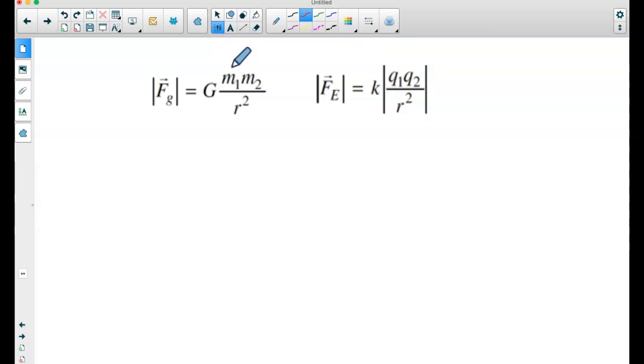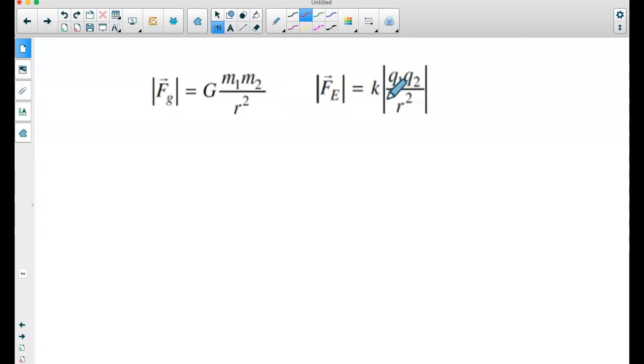In the gravitation equation, we have M1 and M2, which are the gravitational masses of the two objects, so this number tells us about how much an object's able to interact through gravity. In Coulomb's law, we had Q1 and Q2, which are these numbers that tell us the charge, so how much an object can interact through an electric force.